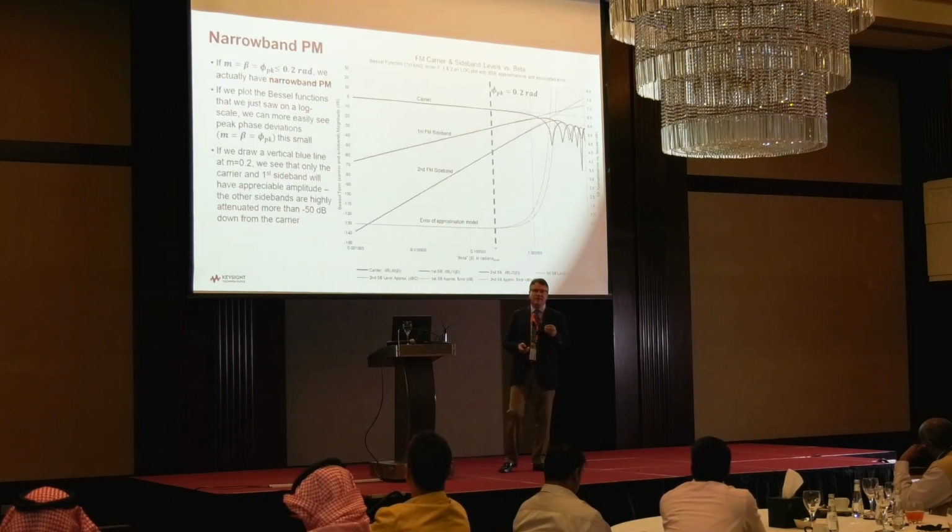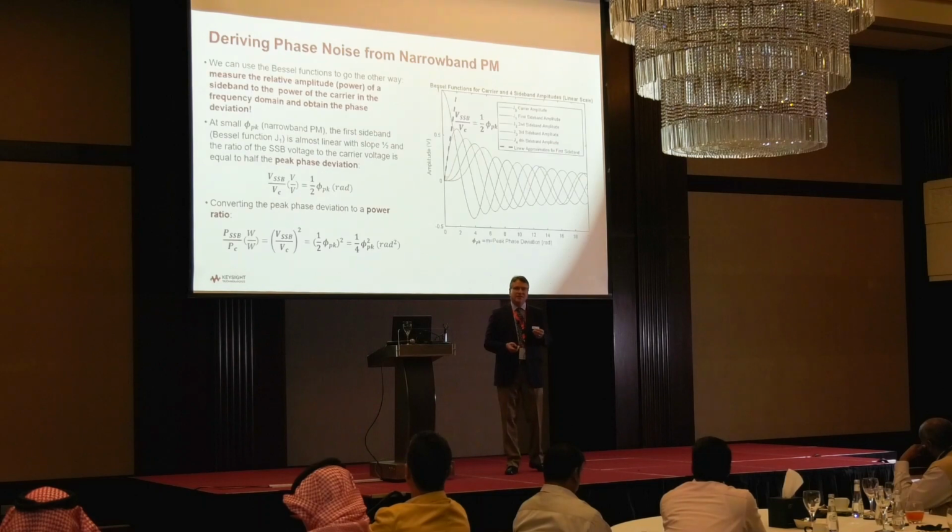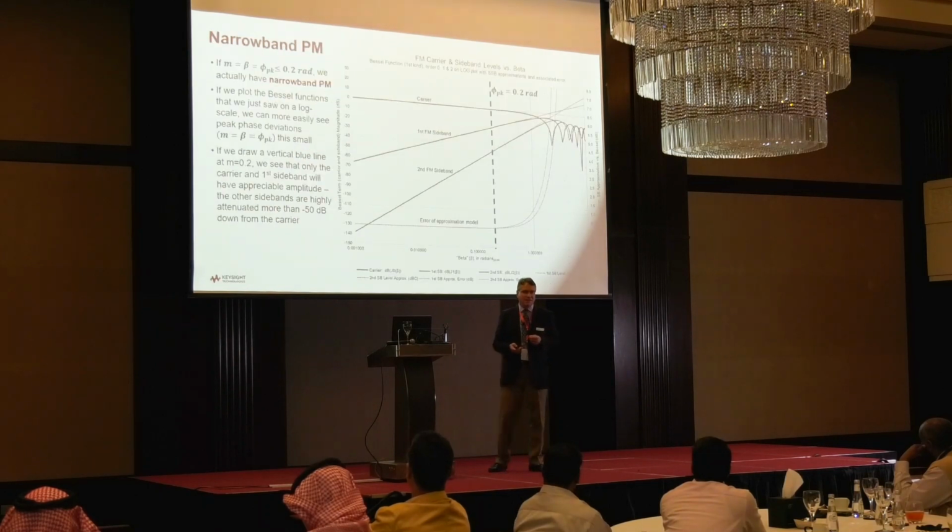If we look at the same curves, these amplitudes, in the logarithmic domain or logarithmic scale, you can see why this approximation works up until about 0.2 of a radian. So this is a log plot of the carrier amplitude relative to unity, so 0 dB.